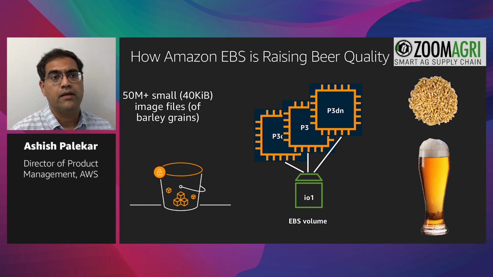Thus, using multi-attach, Zoom Agri is able to reduce the time to analytics for the barley grains that they have, and that leads to better quality beer. So if you're wondering, yes, this is how EBS is raising the beer quality.